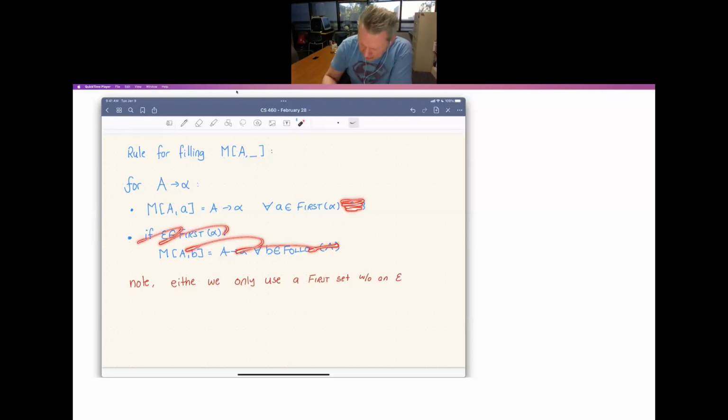Therefore, we wouldn't have to take it out of there, and we would only do this. Or we use a first set minus an epsilon plus a follow set.